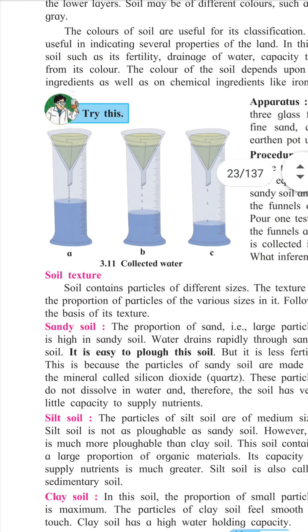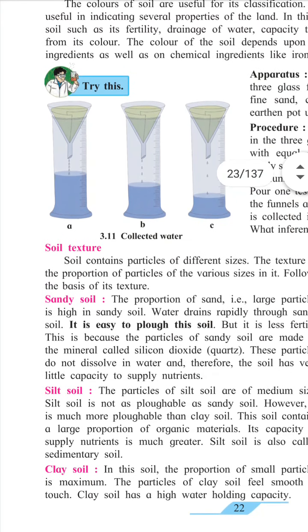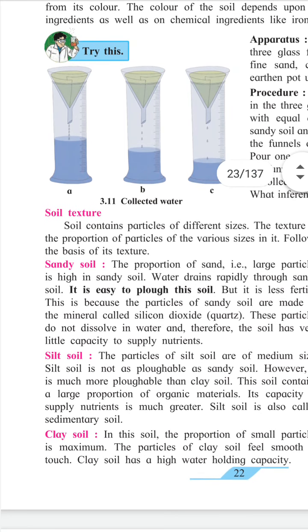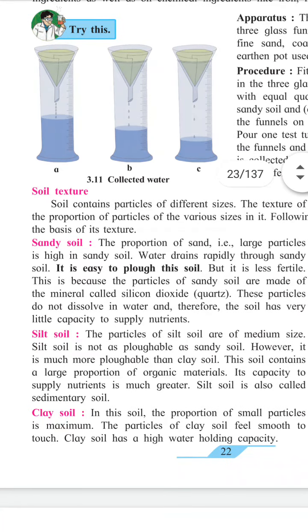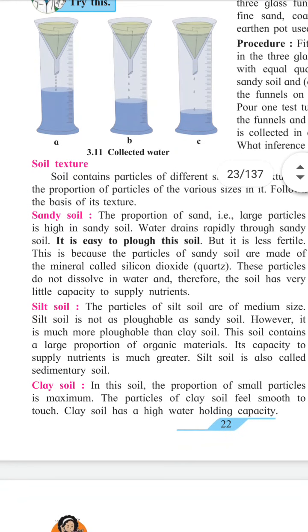Because being the different soils, in A1 it is sand, in B1 it is sandy soil, the next C1 is the clay soil. You can see the amount of water collected downwards. So there is a different level of water. So from this we can make out what the texture of the soil is.